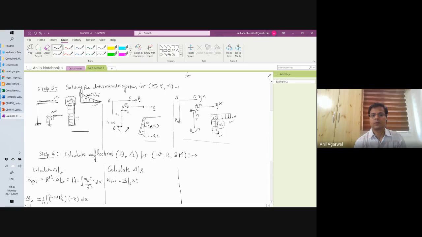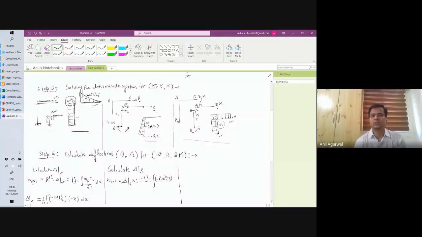So delta because of R multiplied by the virtual load 1 will be equal to U. That is equal to, again, the horizontal member has 0 moment, so I don't have to worry about that. The vertical member only has a moment, which is minus Rx, because of R. And the moment because of virtual load is minus X. Correct?